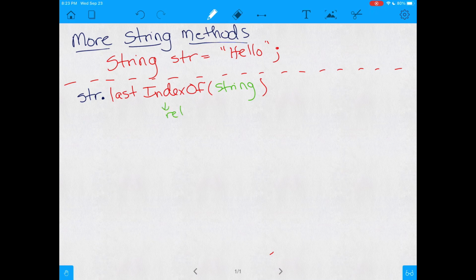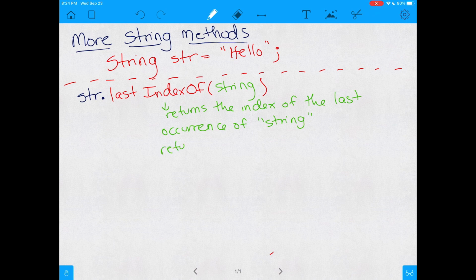It returns the index of the last occurrence of whatever your string is as the parameter. And again, if it's not there, it returns -1 if it is not a part of that string.